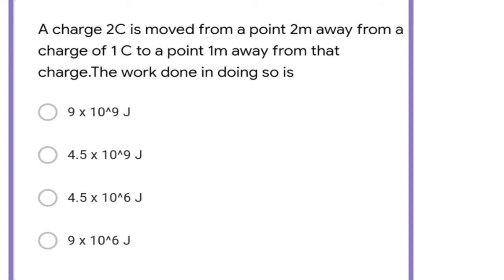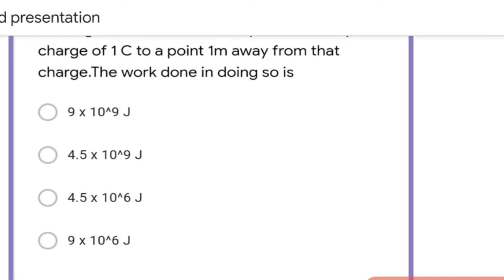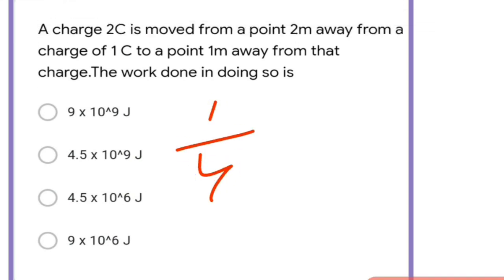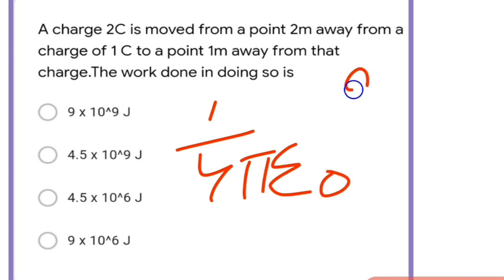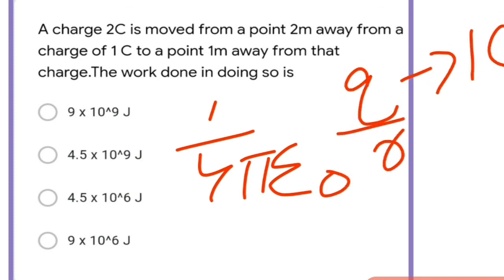So potential you can calculate using the equation 1 by 4 pi epsilon 0 q by r. So in that equation, q is what? 1 coulomb. Okay. So at 2 meter distance, you will have 4.5 into 10 raised to 9 volt. And at 1 meter distance, you will have the potential 9 into 10 raised to 9 volt.